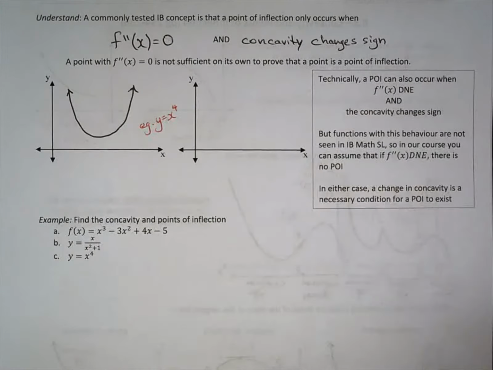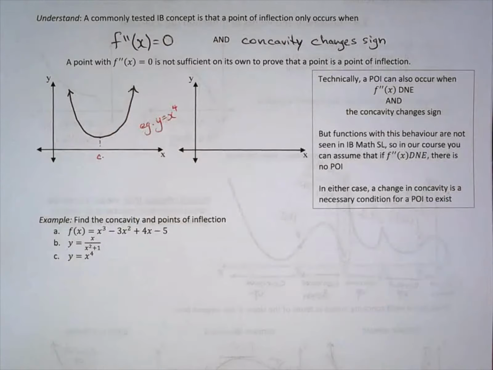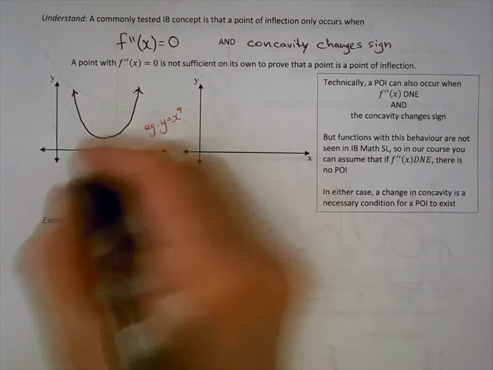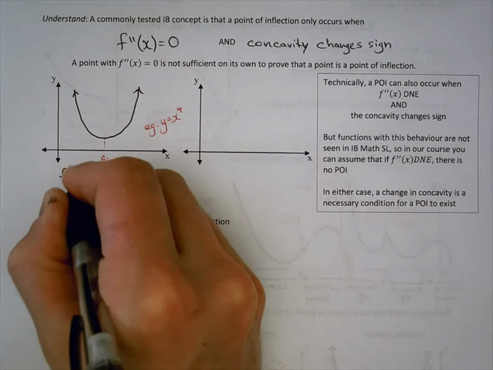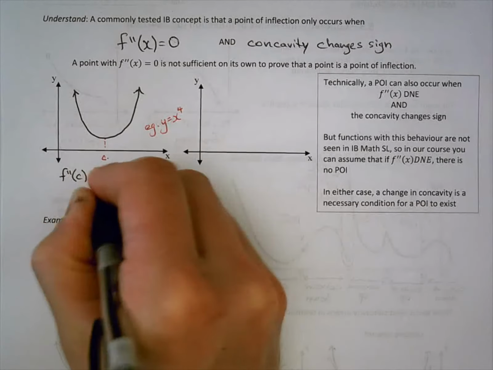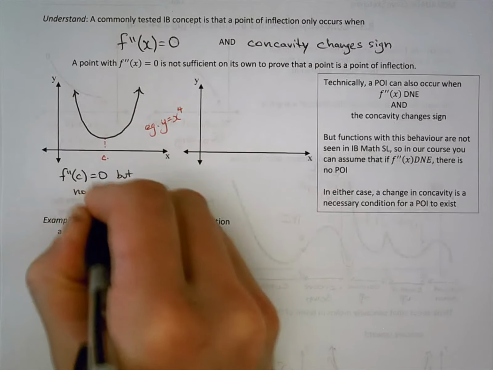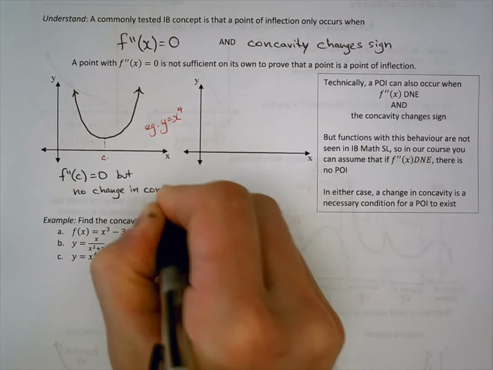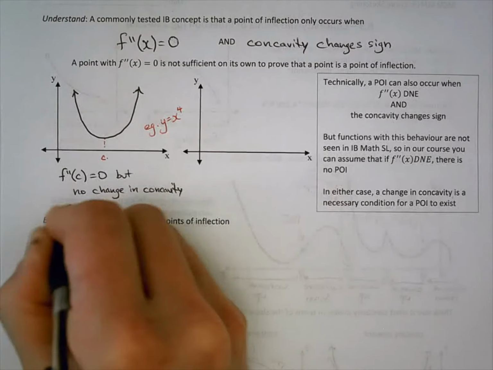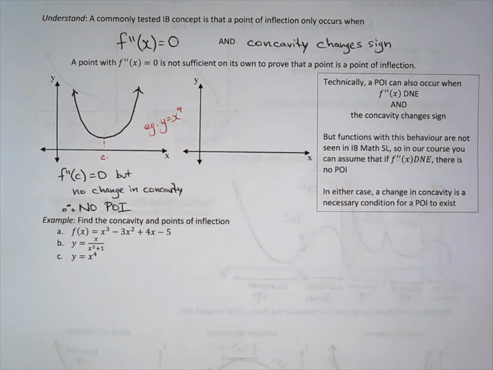So this point here, the second derivative at c equals 0, but no change in concavity. Therefore, no POI. So that's an important thing here.